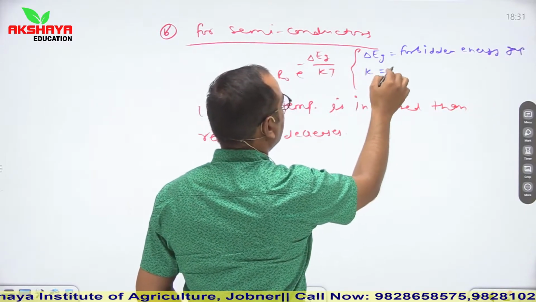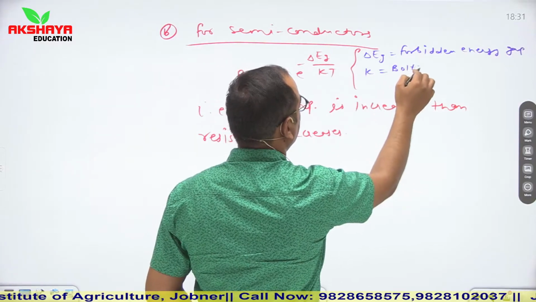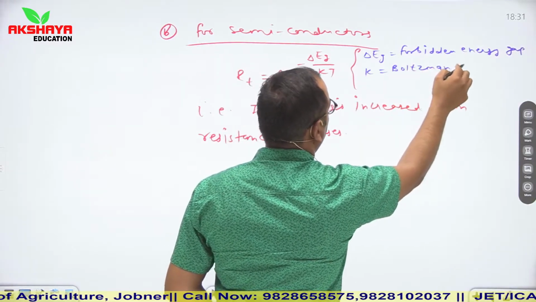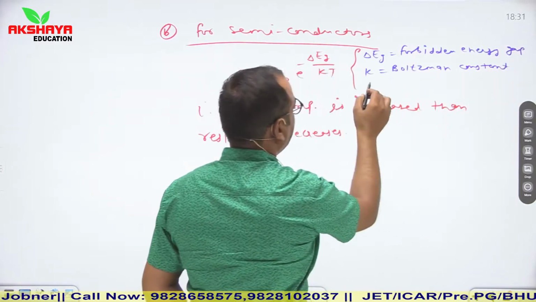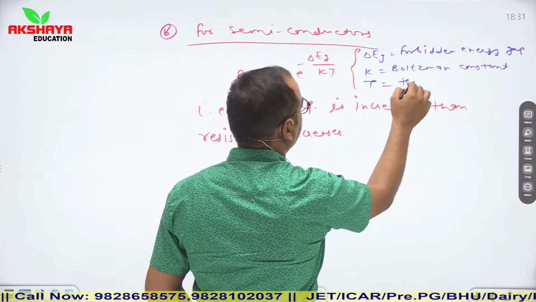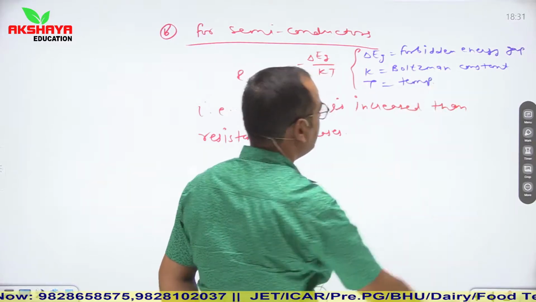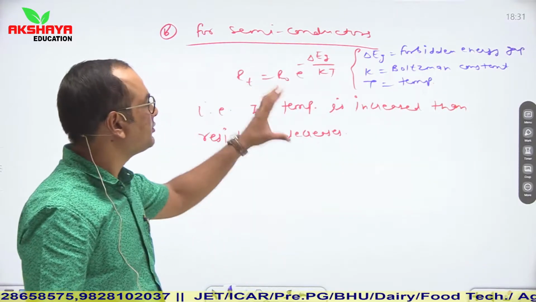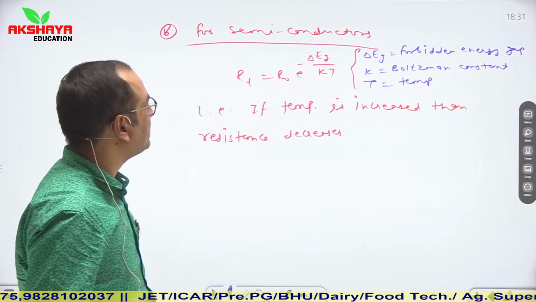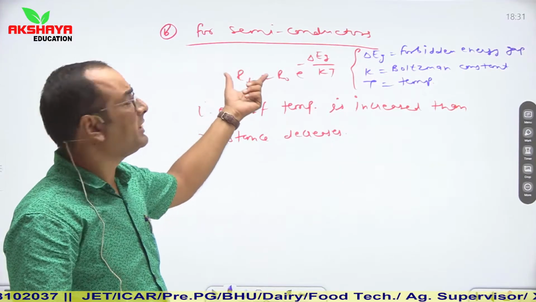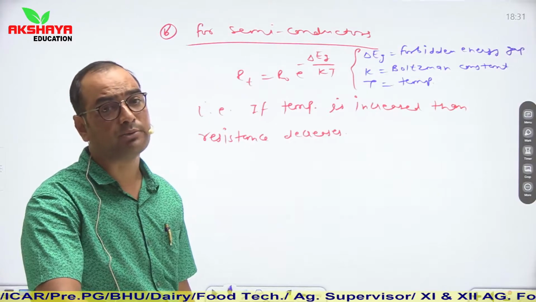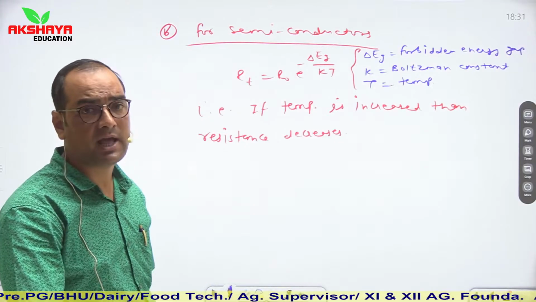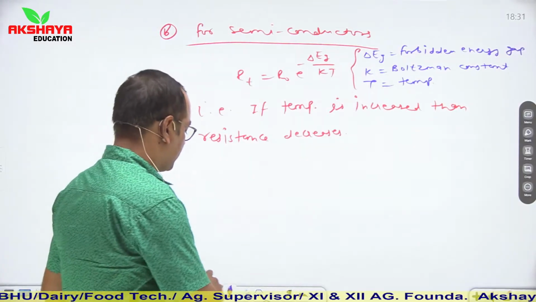K is the Boltzmann constant, and T is temperature. So these are some components in case of semiconductors. We can say that in case of semiconductors, if temperature is increased, then resistance decreases exponentially.